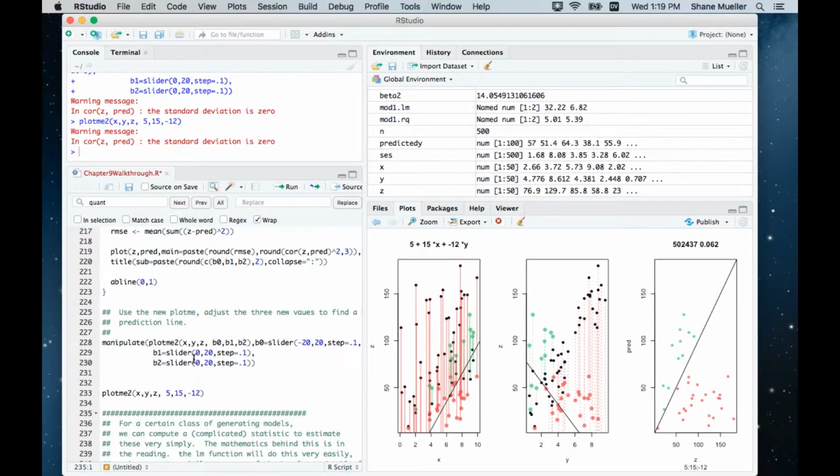That didn't work out at all. So I did something wrong here. 5, 15, and maybe it's supposed to be +12.